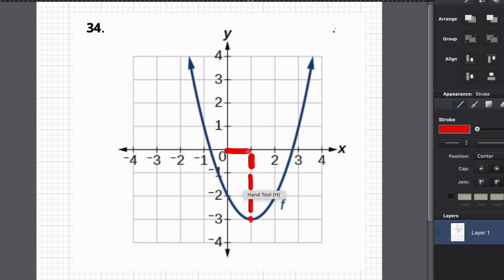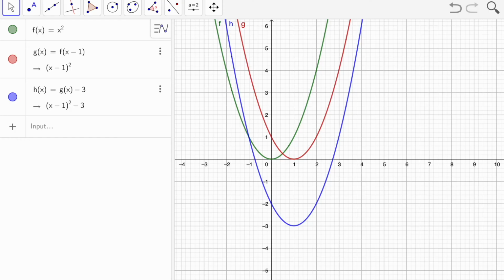We go over 1, down 3, and then this part right here goes up 1 over 1. So this point right here, up 1 over 1, up 1 over 1. So I think we do have our function.